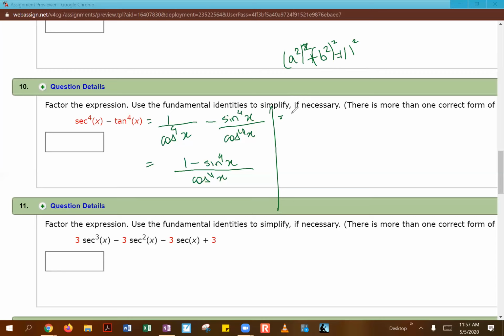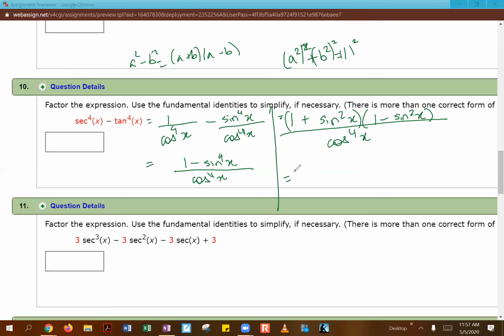Okay, so if you used factoring here, you have a square minus b square, you're factoring it into a plus b, a minus b, so that would be 1 plus sine squared of x and 1 minus sine squared of x over your cosine to the fourth power of x.